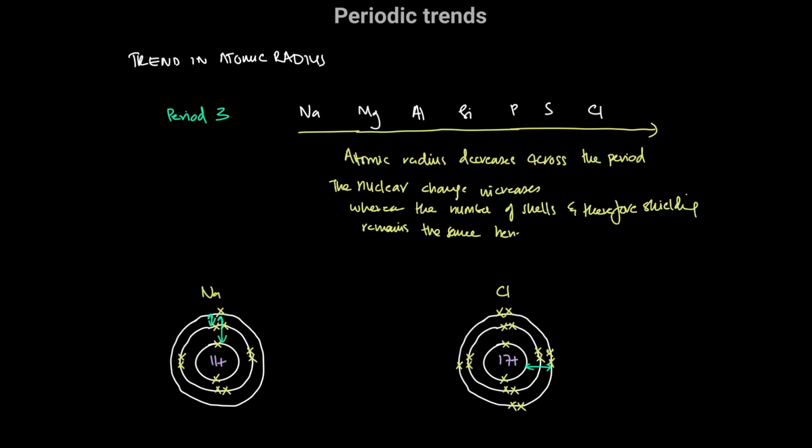Hence we can say that the outer electrons experience greater nuclear attraction, right? Experience greater attraction from the nucleus, or greater nuclear attraction, and are held closer to the nucleus.